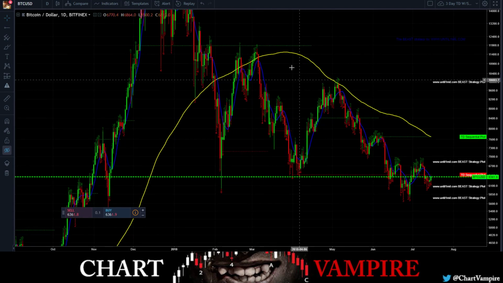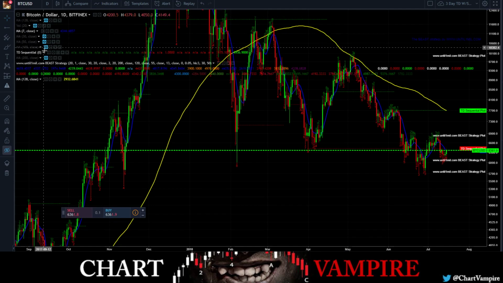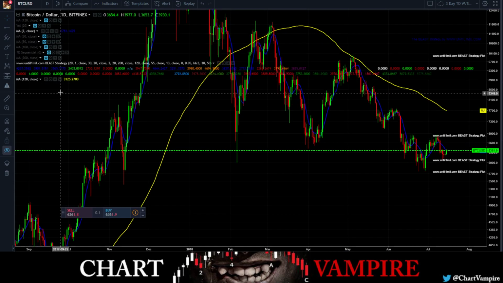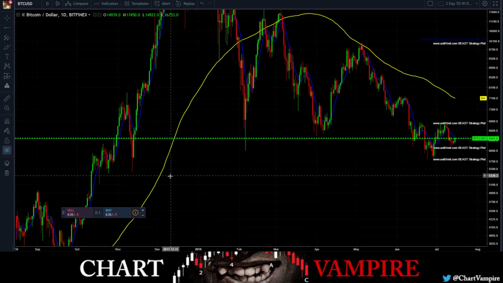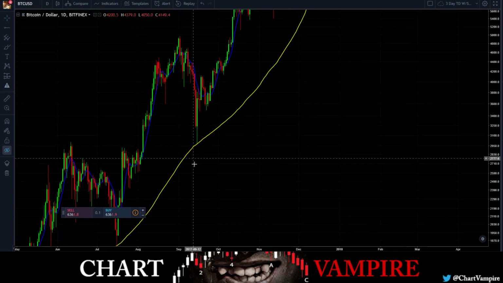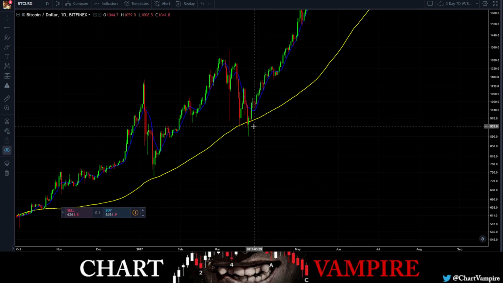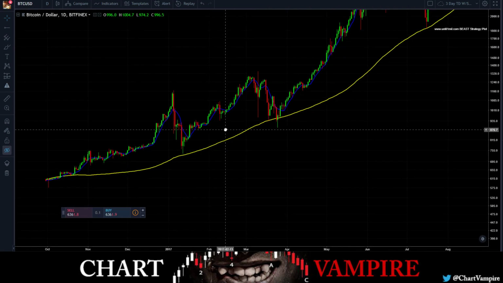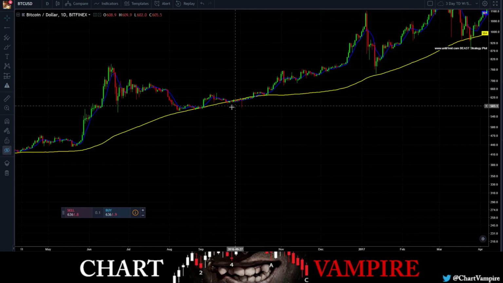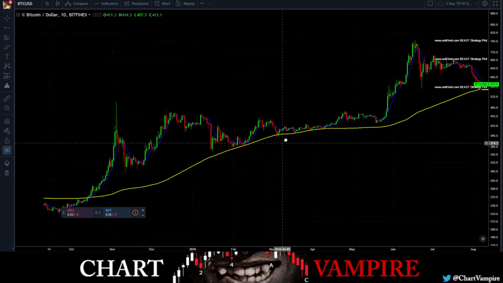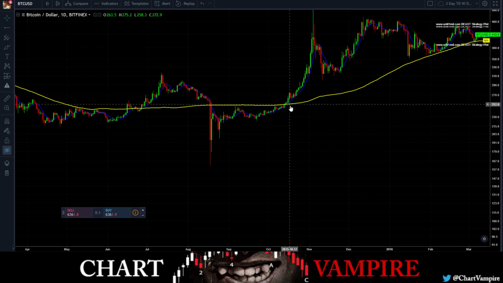So as you look down and you follow this down, let me get rid of my TD, right? You can see how perfectly wick touch, wick touch, wick touch, pierced it, never closed below it, wick touch, perfectly. Look at this, just rode along this entire way, all the way down to $255.